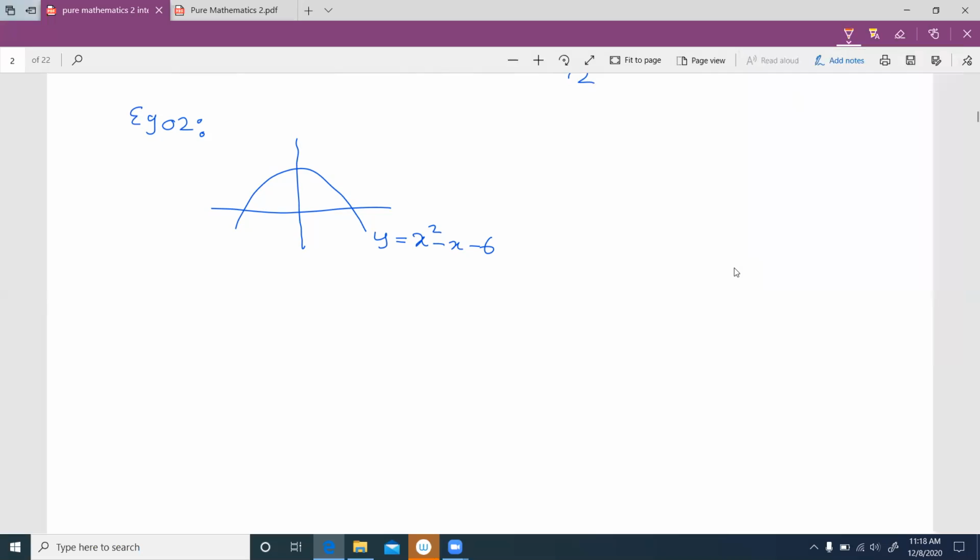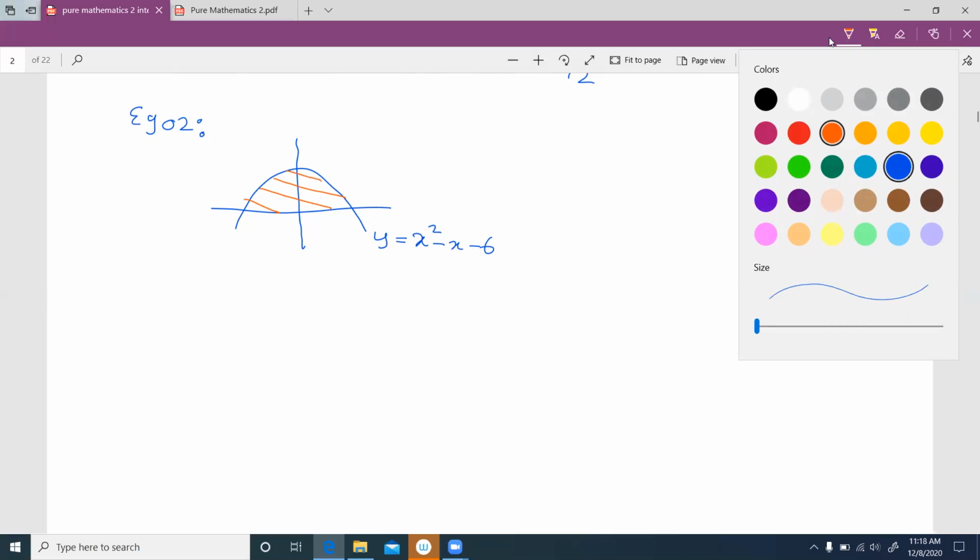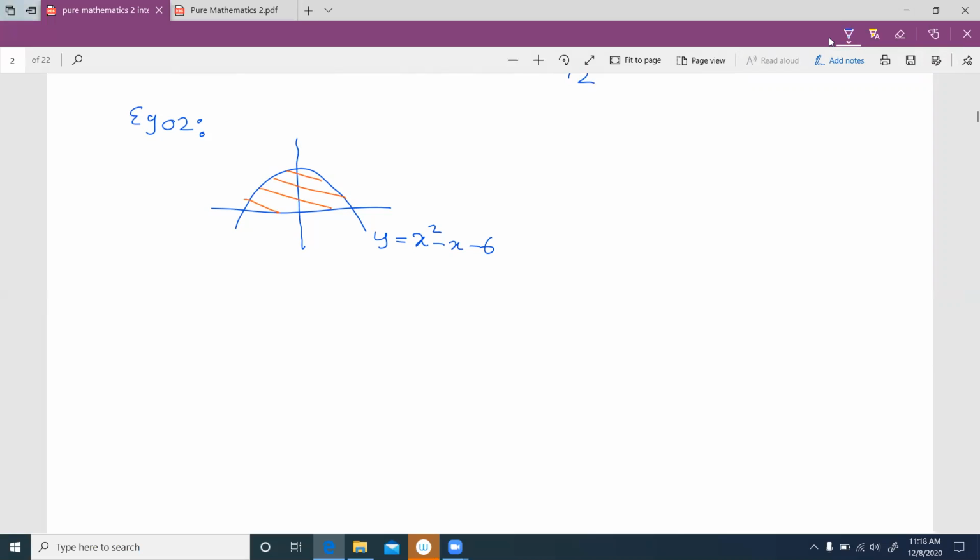The question is, find the shaded area, right?